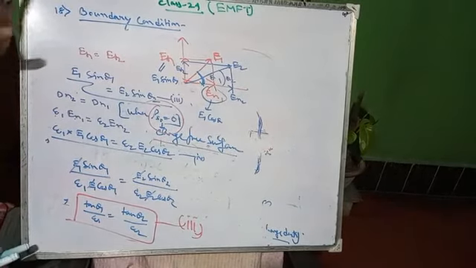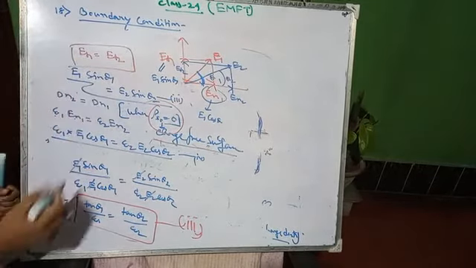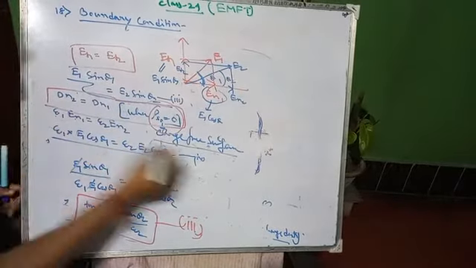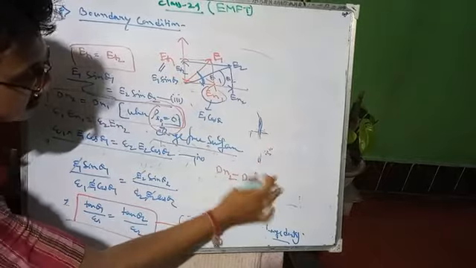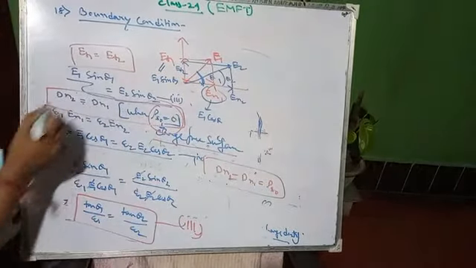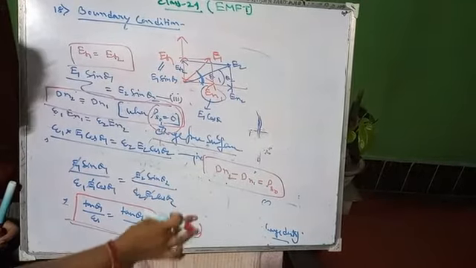Actually, the boundary condition means these three conditions. The first condition is this one. The second condition is this one for a charge free condition, or if having any charge, Dn2 minus Dn1 equals rho s not equal to 0. So either this one or that one will be the second condition, and this will be your third condition, equation number 5.